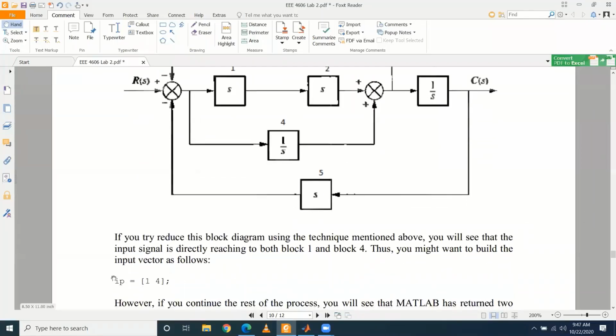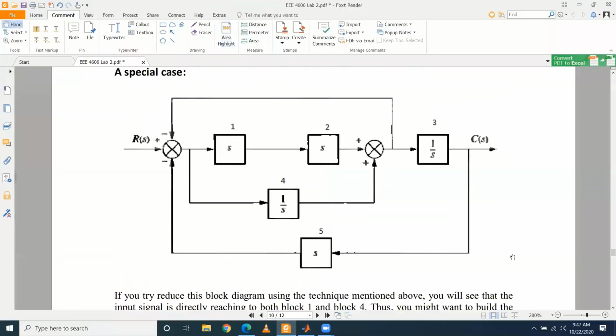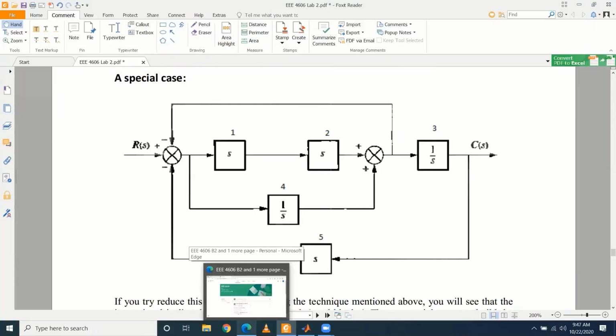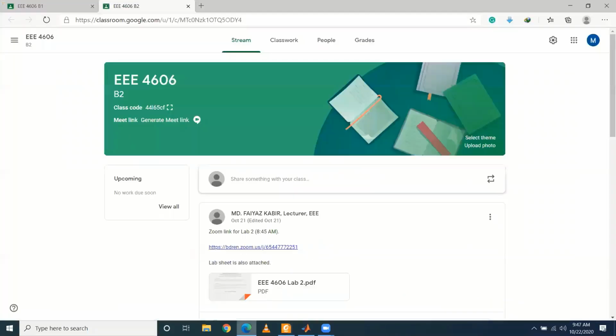That means keep the input as it's shown here, entering 2 different blocks, and then do the topological reduction method and obtain the overall transfer function, or functions in this case. You can start immediately and you'll have up to 10:15, but no more than that.